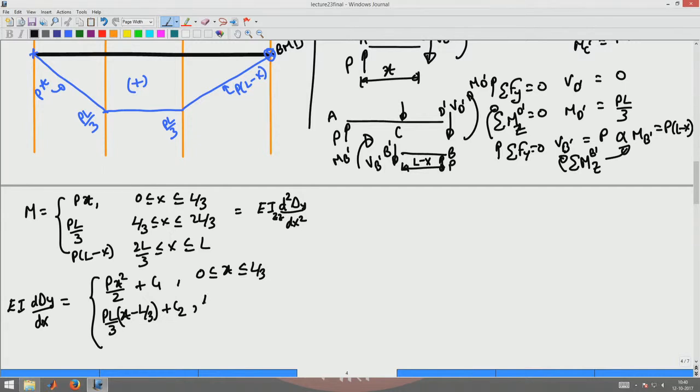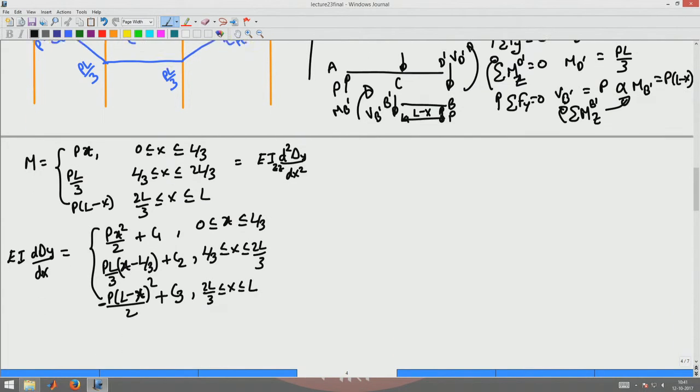For L by 3 less than x less than 2 L by 3, and this will be P into (L minus x) whole square by 2, with a negative sign because x has a negative sign, plus C 3 in the region 2 L by 3 less than or equal to x less than or equal to L.